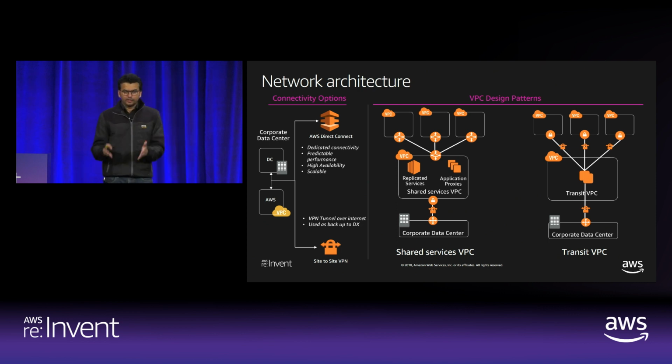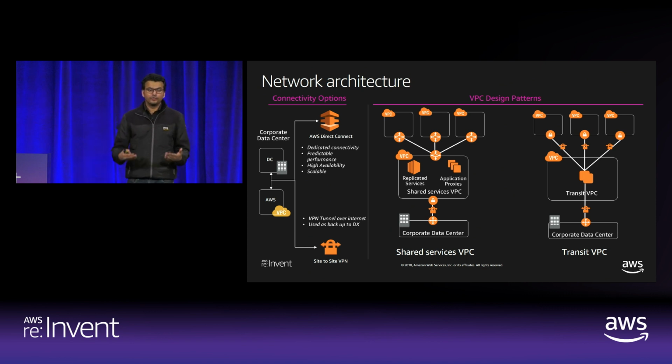So the other thing is the transit VPC. Now, this is a dated slide, okay, with the announcement of transit gateway. Typically, if you have multiple VPCs trying to talk to your on-premise data center, you would require a transit VPC kind of a solution, which was implemented using Cisco CSRs or any of those things.